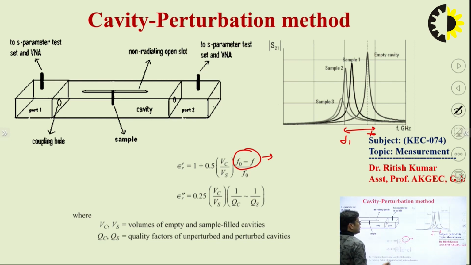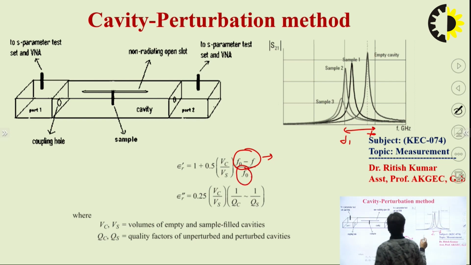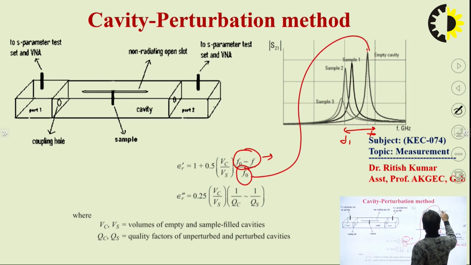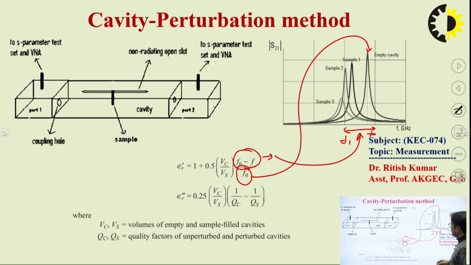By putting all the values in the equation, f0 we get from the empty cavity, and f0 minus f1, the shift of the resonating frequency, we get by using the VNA.